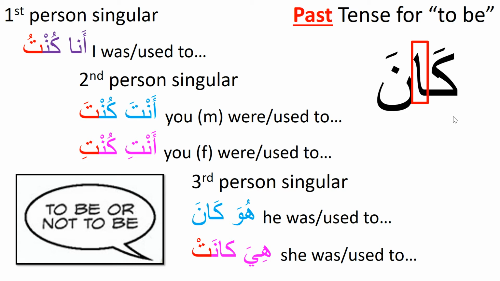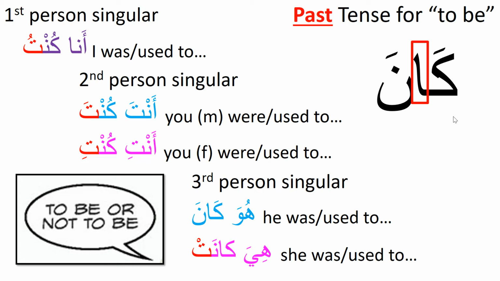And yes, that would be correct. In most instances, the word is implied. But this is the word that we use when we don't imply it. If you want to say someone did something in the past or used to do something in the past, then you use this verb to be.